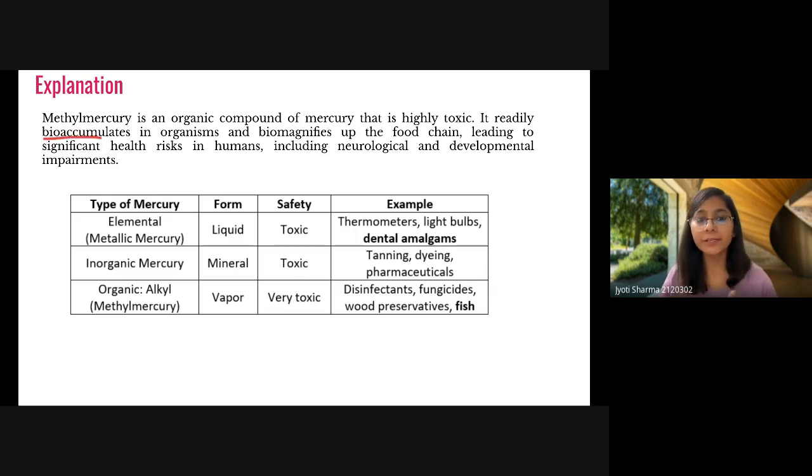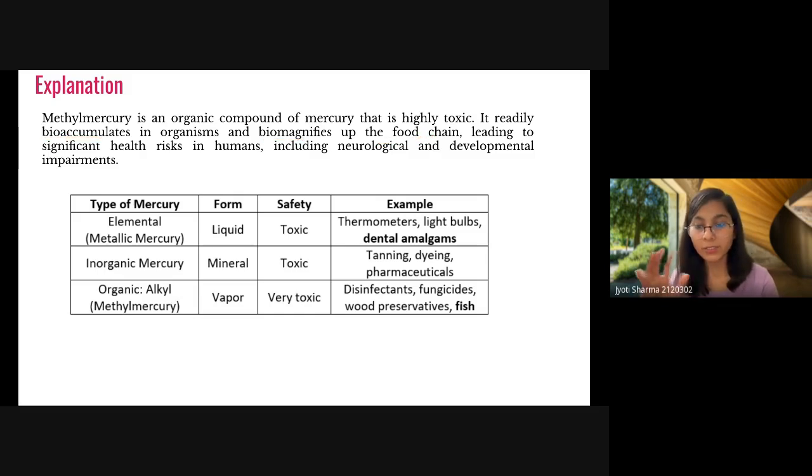It can be accumulated in the organism, and it can biomagnify up the food chain. So whenever we are changing the trophic level, the concentration is increased, leading to significant health risk in human, including neurological and developmental impairments. So just keep in mind, methyl mercury is vapor in nature, and this is highly toxic among all the different forms of mercury.